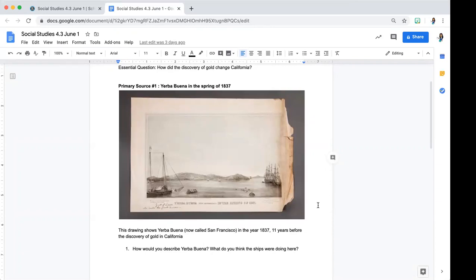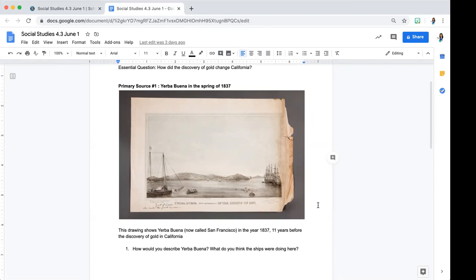So at this point in the history of California, there was the Mexican independence. So Mexico won their independence from Spain, and in that they also received the land that was in California.